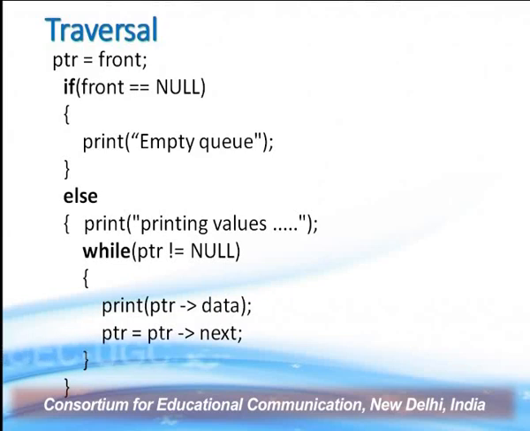While pointer is not equal to null, we will print the data of the pointer and shift the pointer to the next element by the statement pointer equals pointer next. So, just print the data and shift the pointer while pointer is not equal to null. Start from front and go till rear.